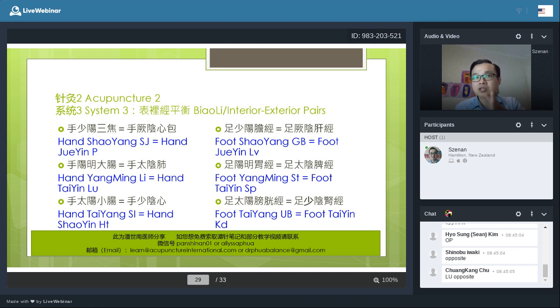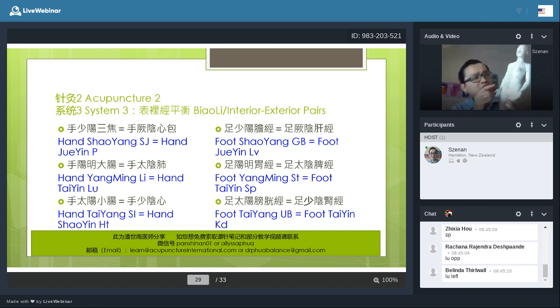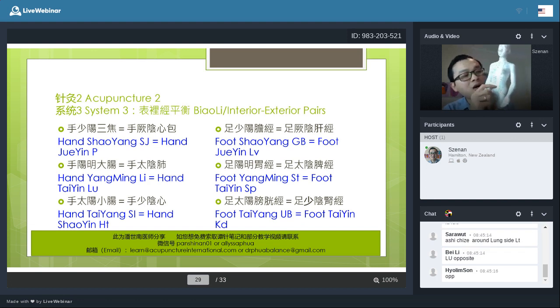Now, you see it's simple. If the patient had pain over here, what is your option right now? Now you have the lung meridian, right?